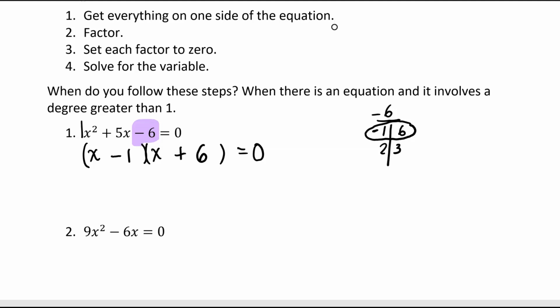So that is the second step when you are solving equations involving factoring. The next step would be to set each factor to 0. Now, what do we mean about factors? Well, one factor is x minus 1.